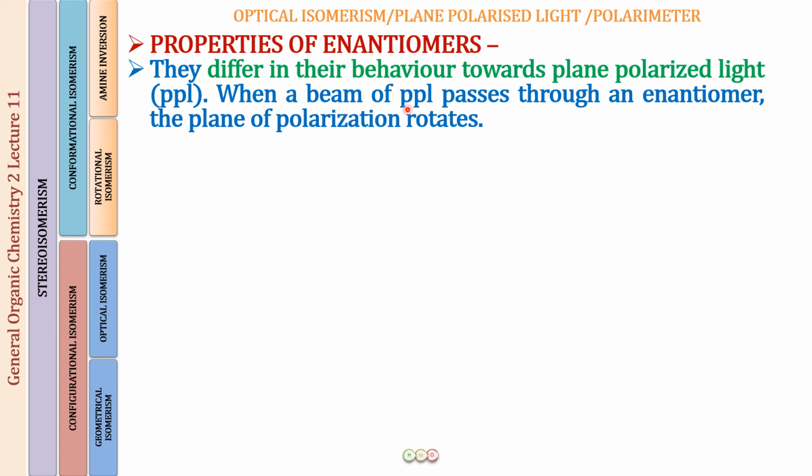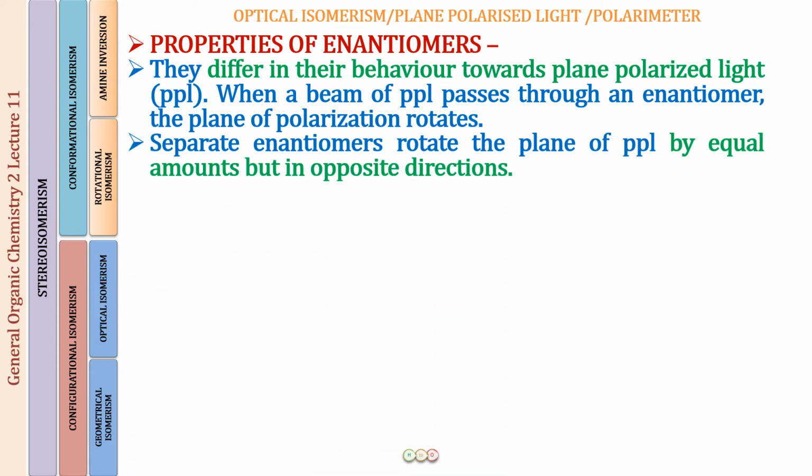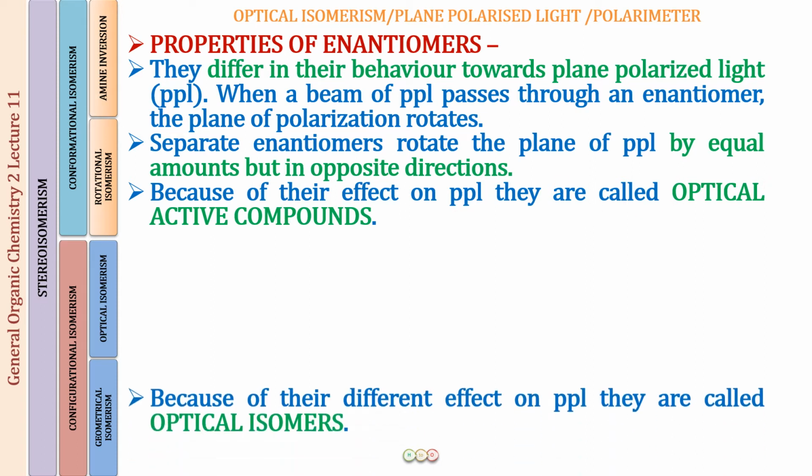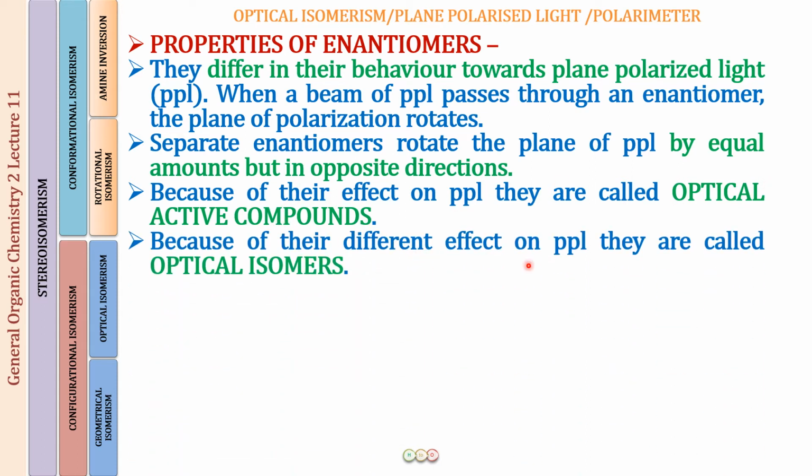When a beam of plane polarized light passes through an enantiomer, the plane of polarization rotates, and separate enantiomers rotate the plane of this light by equal amounts but in opposite directions. Because of their effect on PPL, they are called optically active compounds, and because both are rotating the plane of PPL in opposite directions, they are called optical isomers.